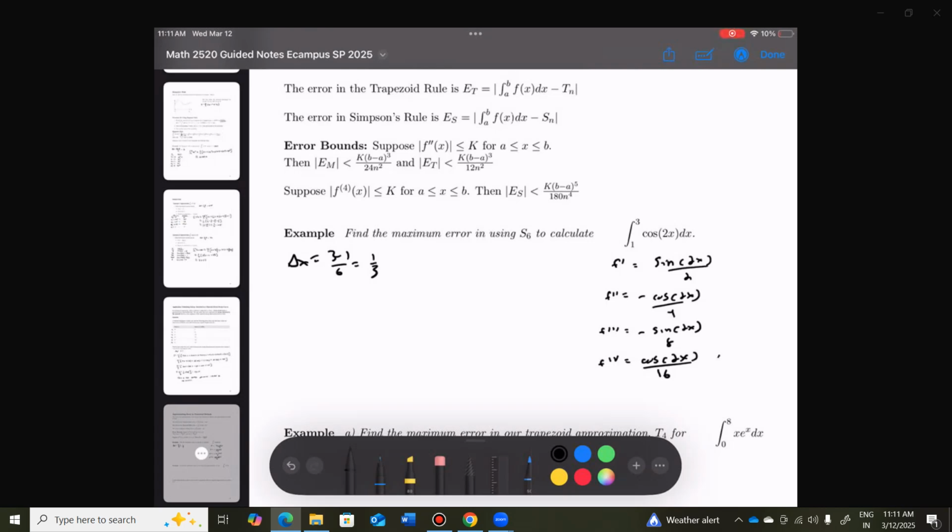And this has to be less than 1 over 16. And so our error, oops, I meant to do absolute value, E_S has to be less than 1 over 16 times (3 minus 1) to the fifth over 180 times 6 to the fourth.